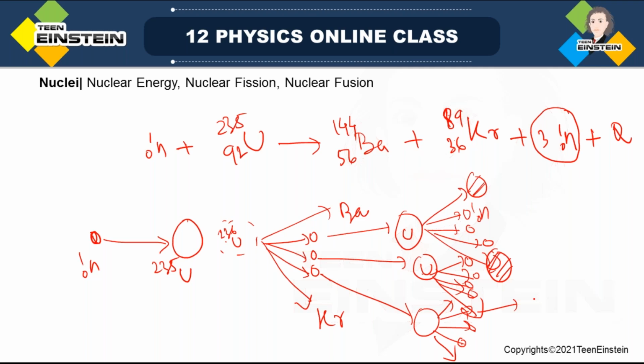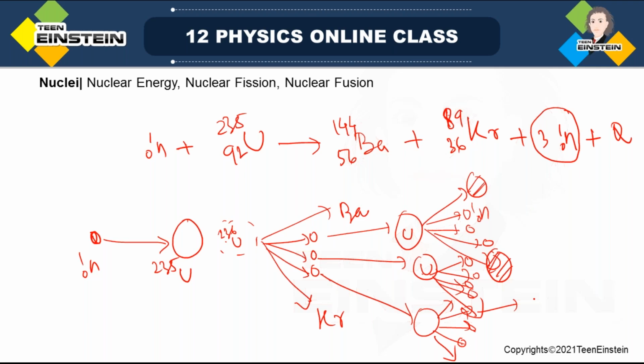In a fraction of a second, maybe millions of nuclei are getting bombarded by such neutrons and split into two almost equal nuclei, releasing 3 energetic neutrons, and each of them will create another 3 neutrons along with the product nucleus.